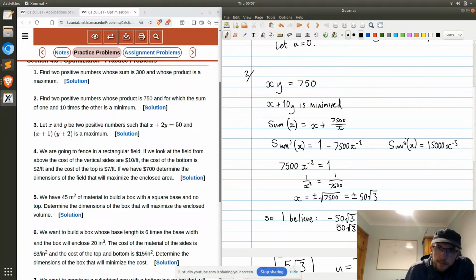Find the error. It's 10 times y. And what is y? Well, y is equal to 750 over x.